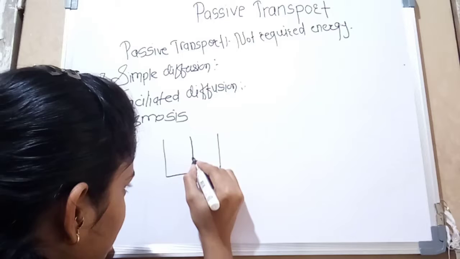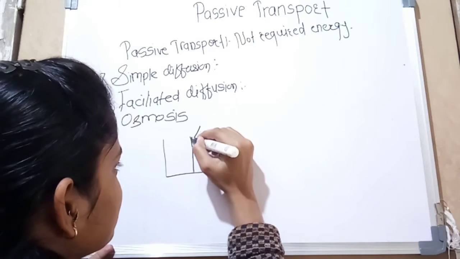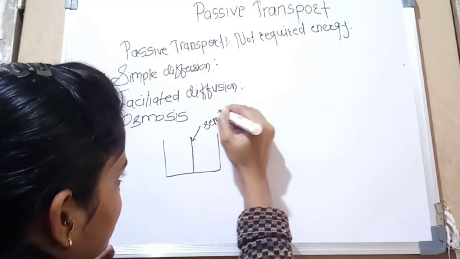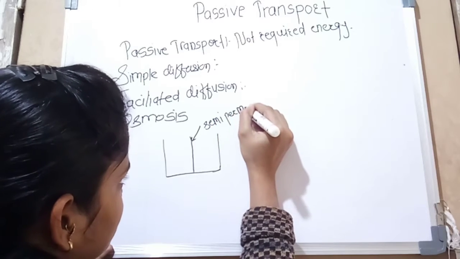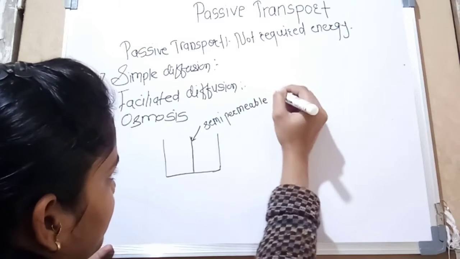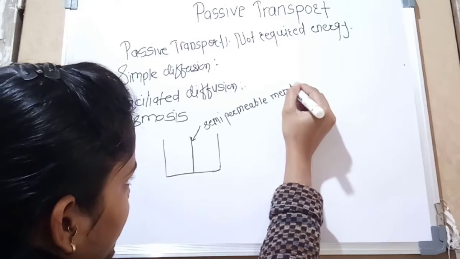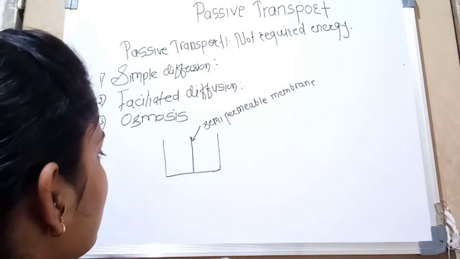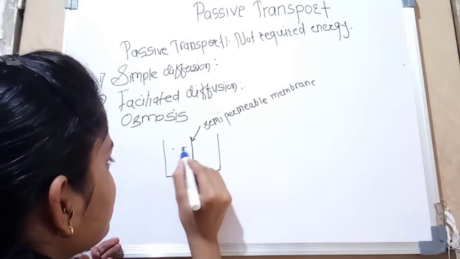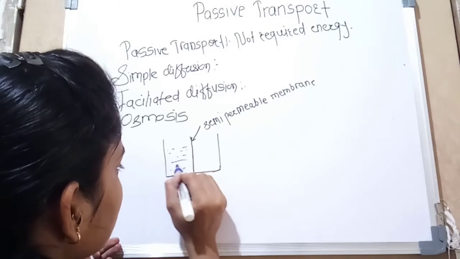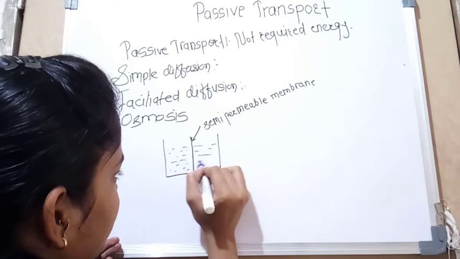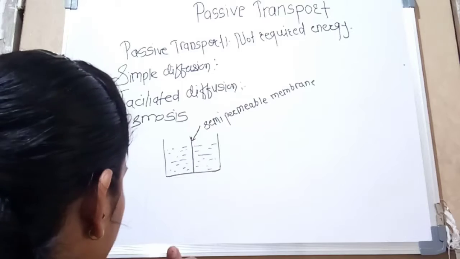this is a beaker, and this is a semi permeable membrane. Here are water molecules, and the water level height is the same on both sides.